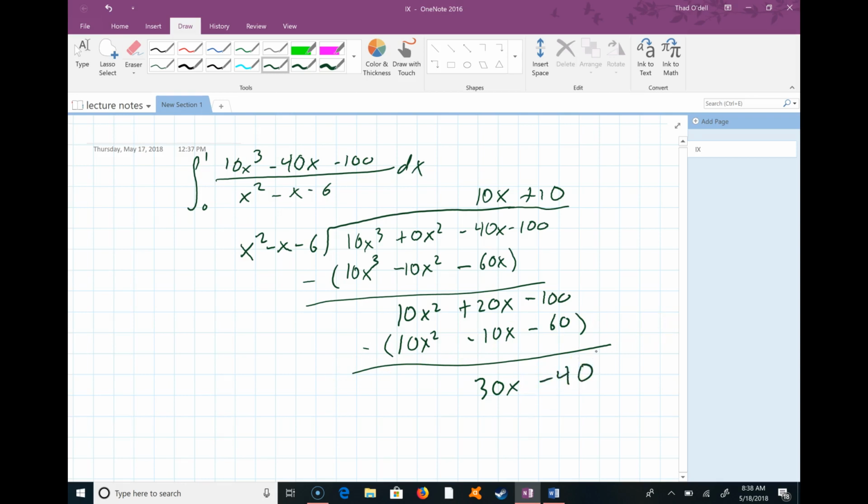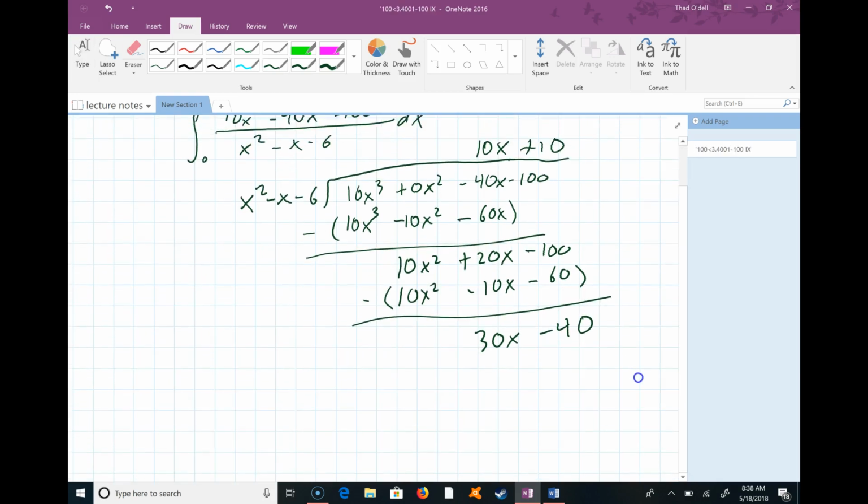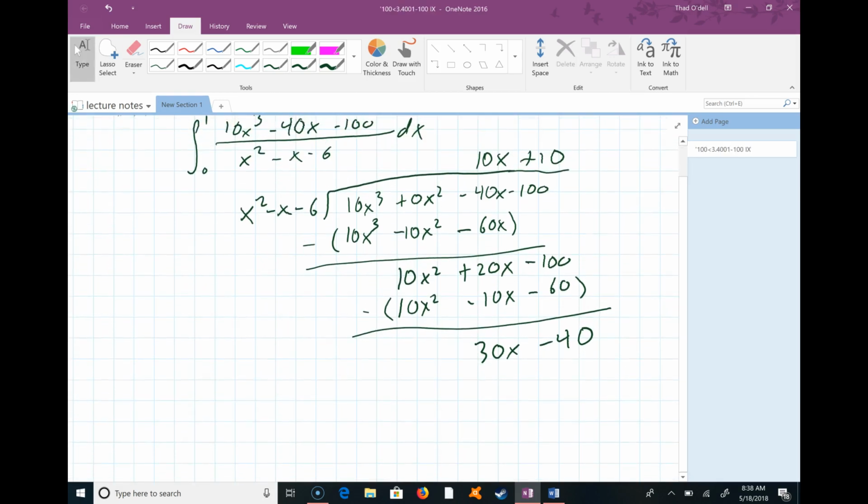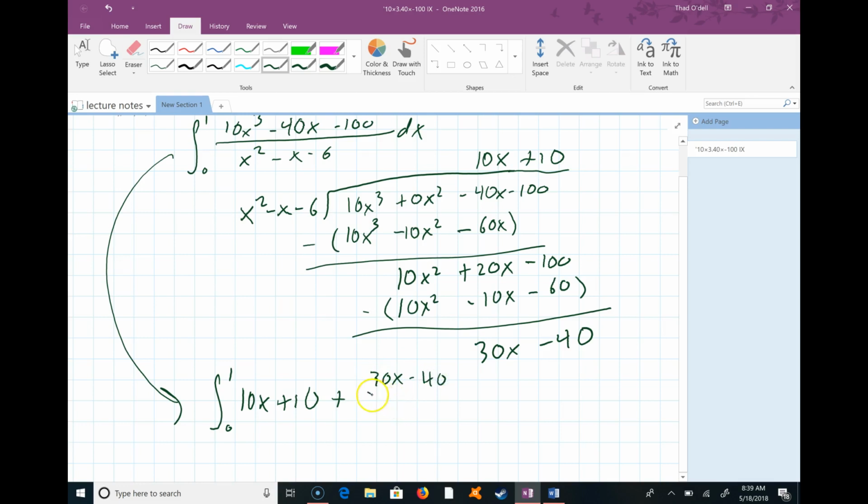Right. So now what we've got is this integral has been turned into, from 0 to 1, of 10x plus 10, then we take the remainder, the 30x minus 40, and put that over the thing I divided with.